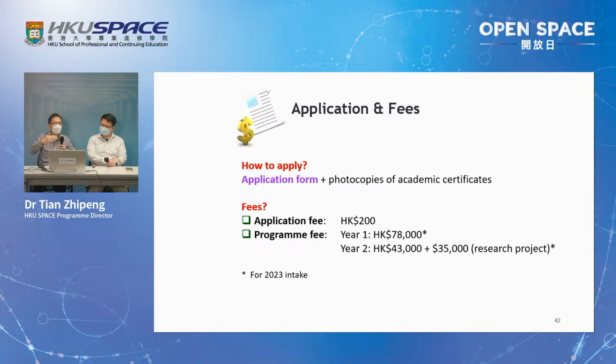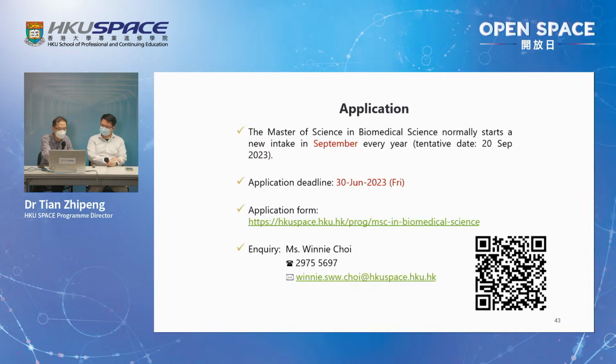But in the second year, we separate it into 2 installments to cover the taught modules as well as the project module. For the coming intake, tentatively we will open on 20th of September.